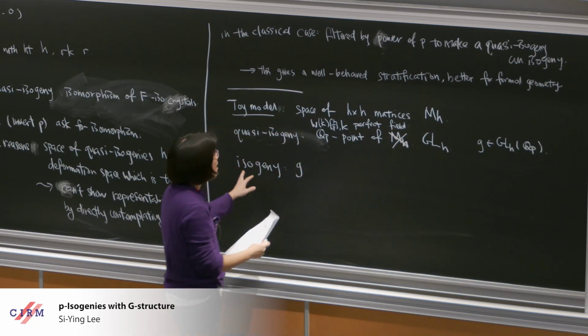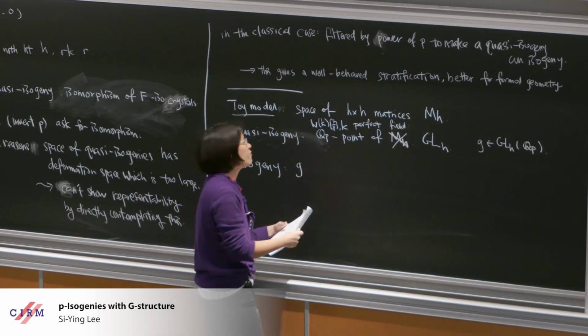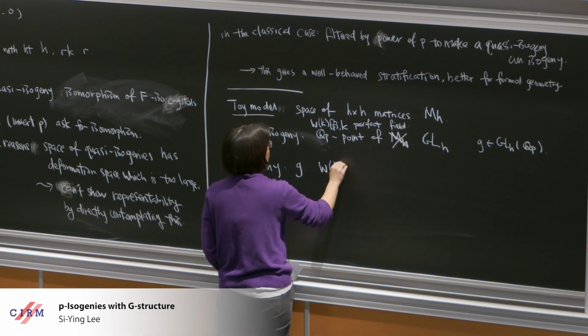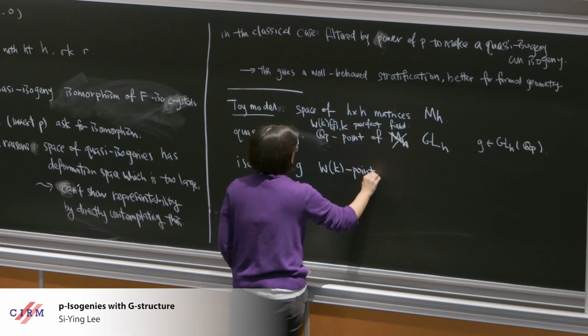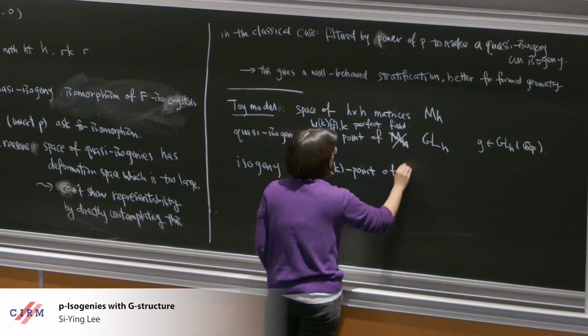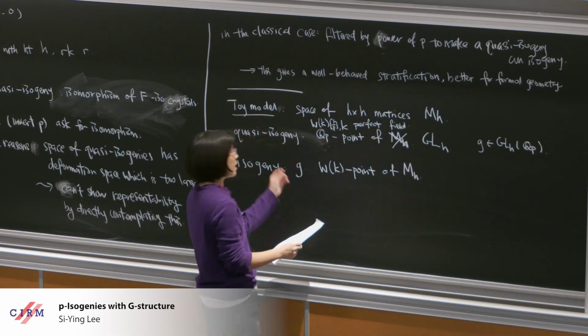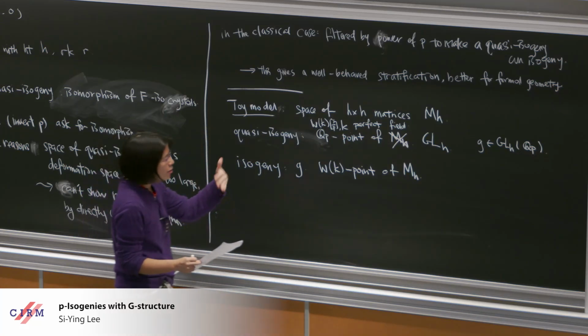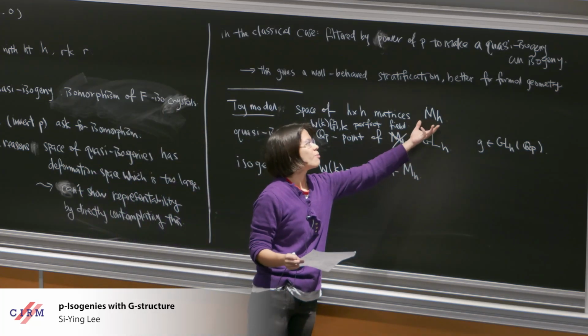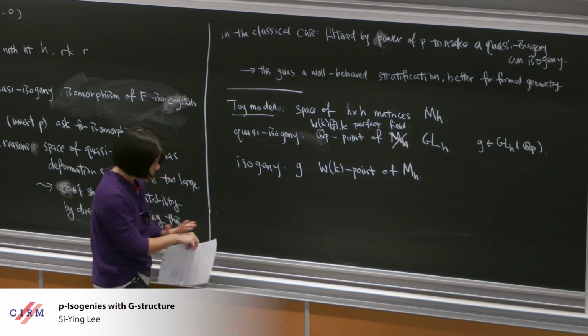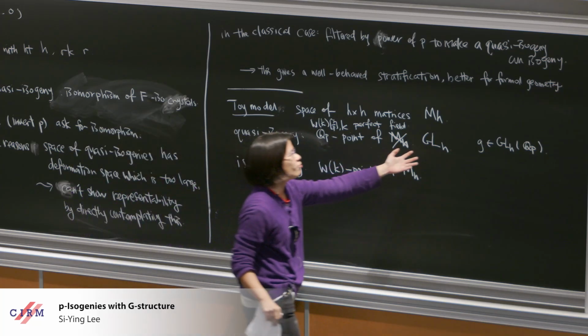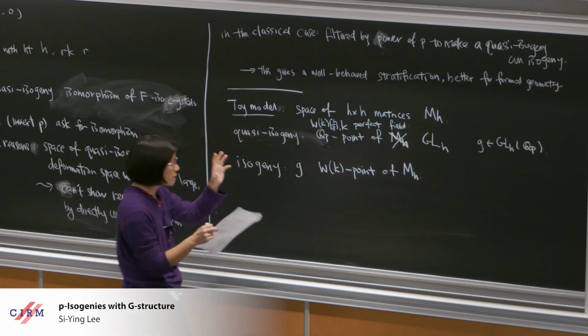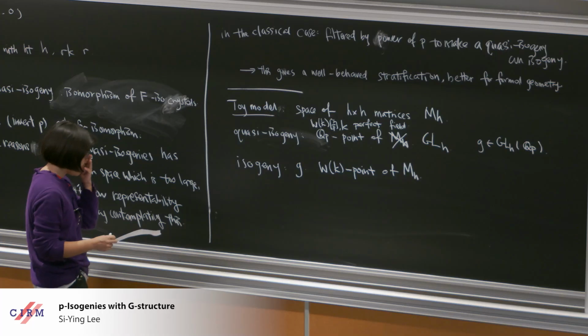And an isogeny is really asking for a WK point of this space of H by H matrices. So I'm allowing it to extend, not necessarily being in the group, but extending into the bigger space of H by H matrices.